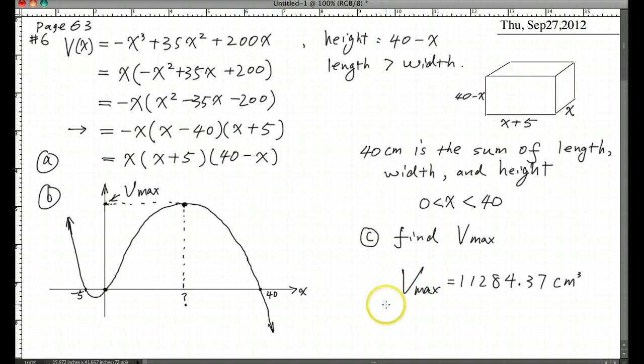We practiced in class, so I really encourage you to get a graphing calculator yourself so you can practice at home.